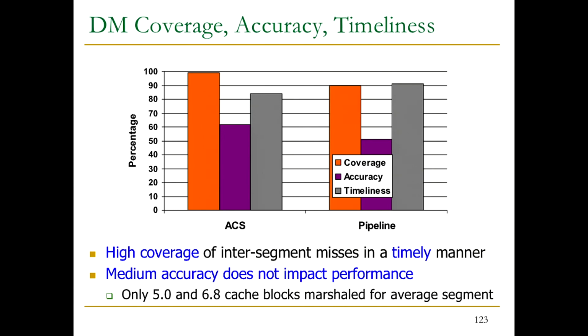That's why the accuracy is low, which means that you marshal some data that's not going to be used. You waste some bandwidth and some energy. But the medium accuracy doesn't impact performance a whole lot because a very small number of cache blocks are marshaled for the average segment.